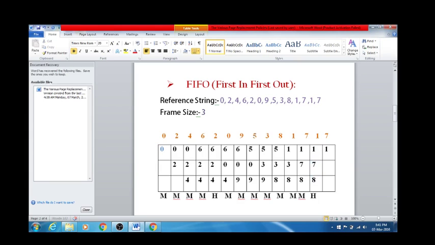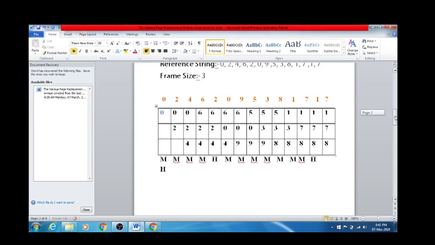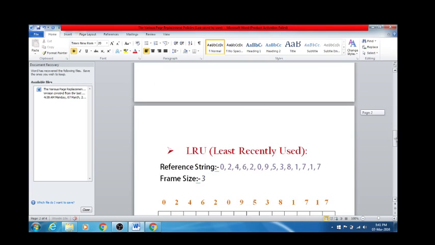I don't have to add it again, so this accounts for a page hit, and this is how I solve the sum. So this was the first in first out, that is FIFO, page replacement algorithm. The next algorithm that we will be learning is least recently used.